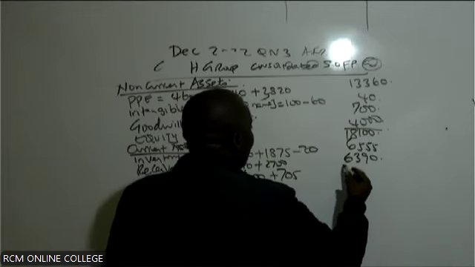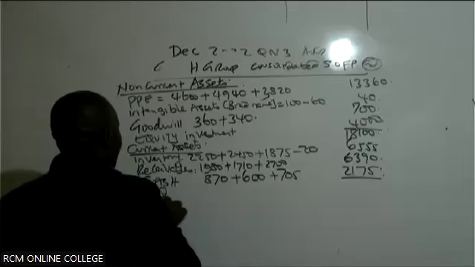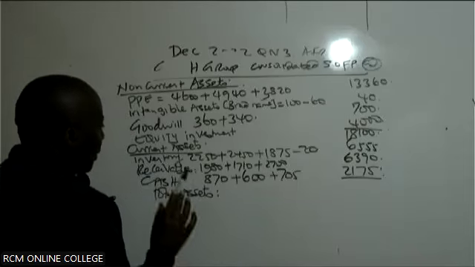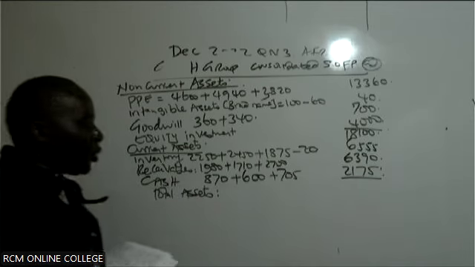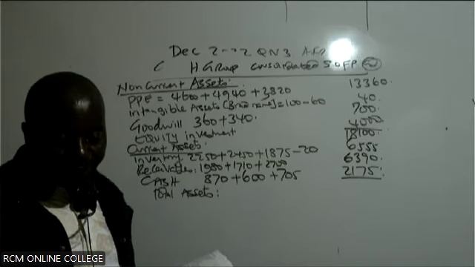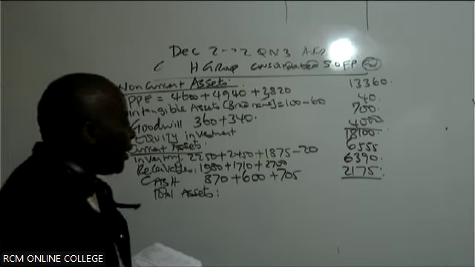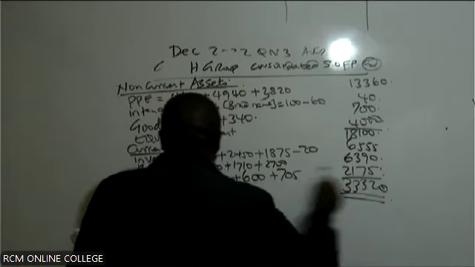Is there somebody who is able to give me the total assets? You take the non-current assets plus the three. So total assets, what do we have here? 33,320. Thank you very much.